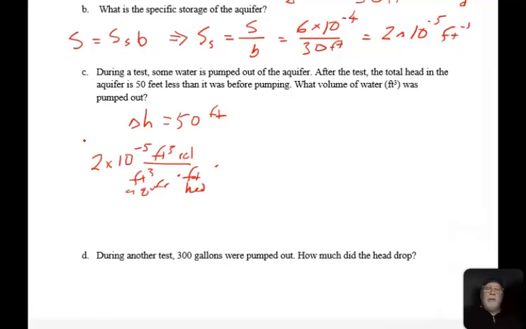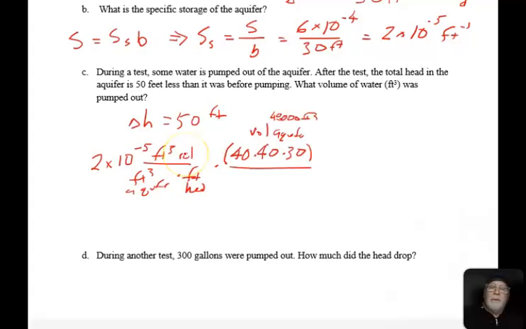So I multiply that times our volume of aquifer, which is 40 feet times 40 feet, 1,600 square feet, times an aquifer thickness of 30 feet. So the volume of the aquifer is 48,000 cubic feet. So this cancels out.